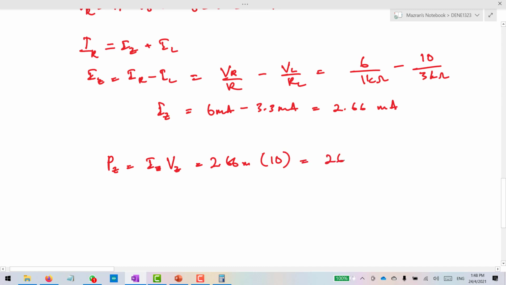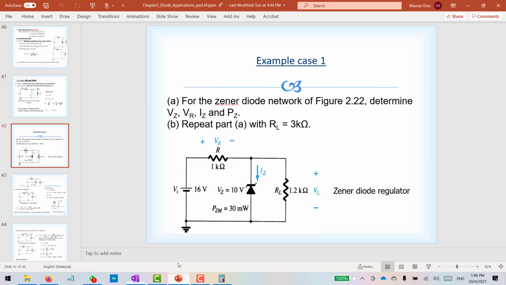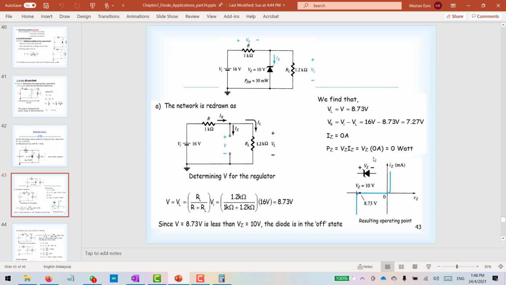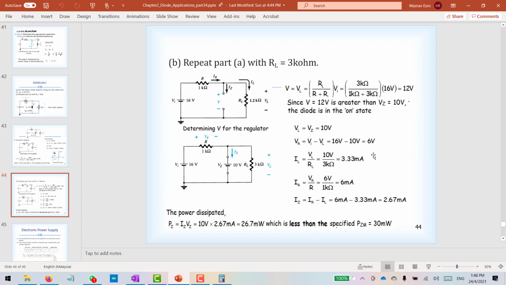What do we get? 26 milliwatt. So that's it, basically. Okay. So power dissipated, yeah, 26 milliwatt, which is less than the specified PZM 30 milliwatt.